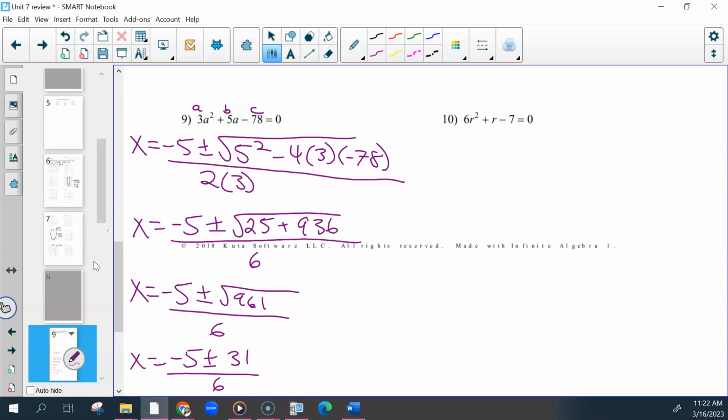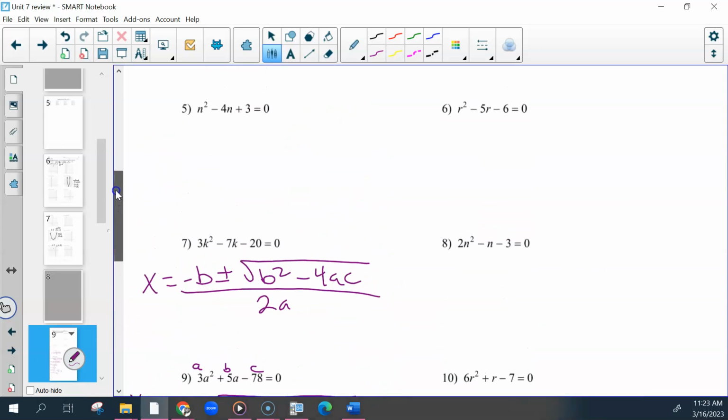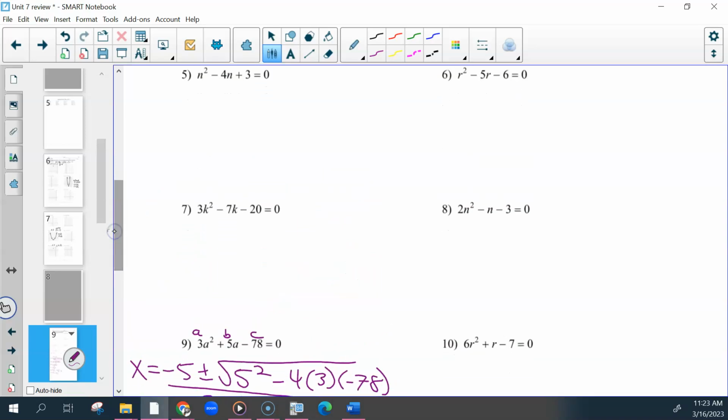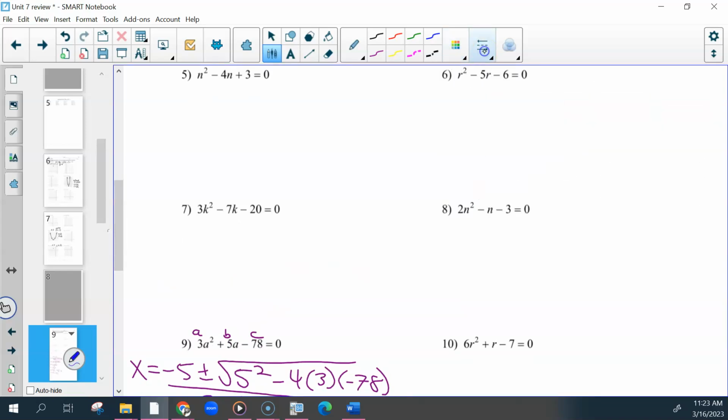Seven on the same one. No, we didn't. I just wrote this here. Okay. So 7 will be the last one.